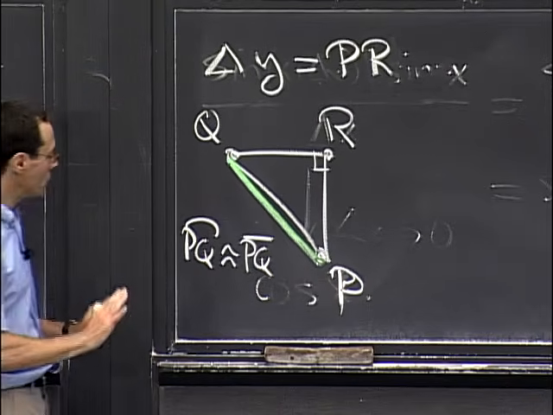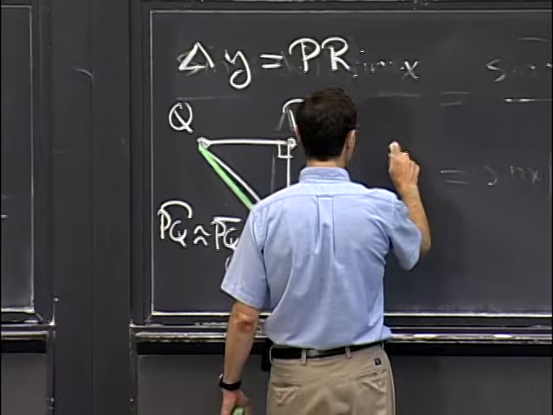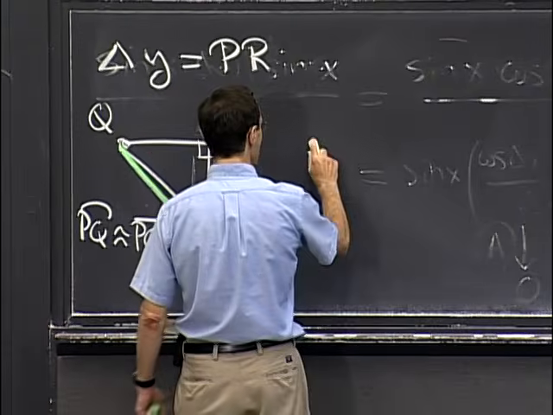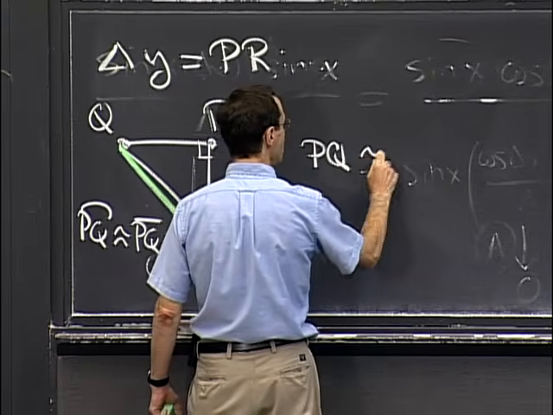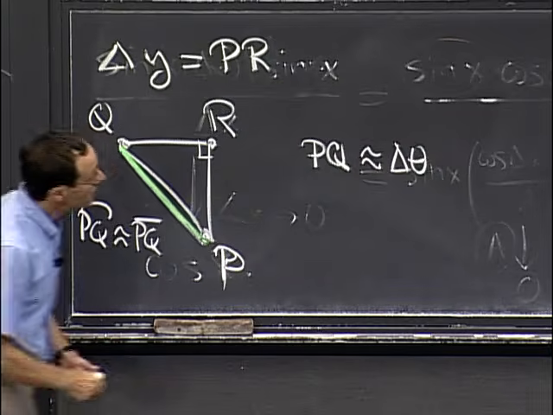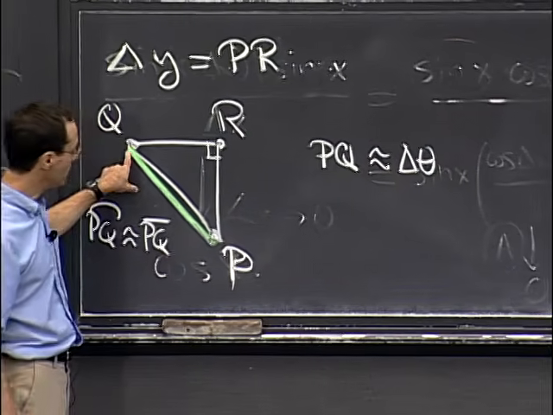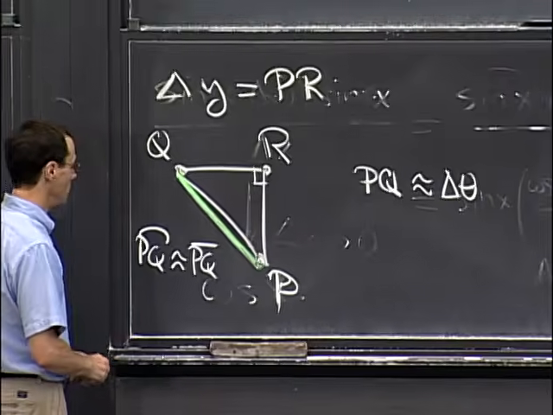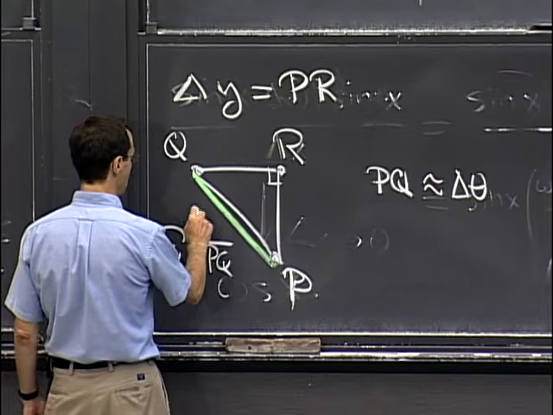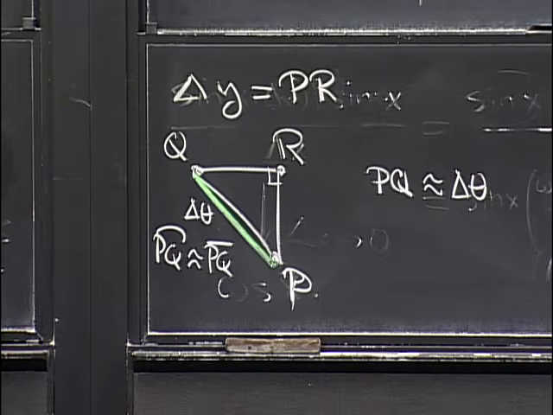So how are we going to use that? Well, we want to use that quantitatively in the following way. What we want to notice is that the distance from P to Q is approximately delta theta. Because the arc length along that curve is delta theta, the length of the green, which is PQ, is almost delta theta. So this is essentially delta theta, this distance here.